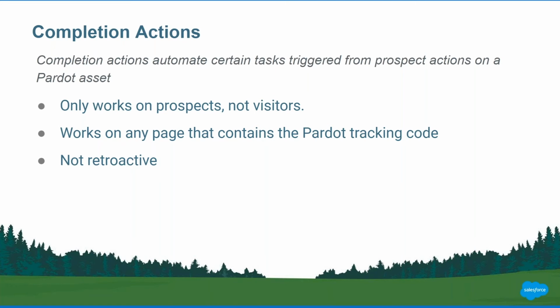So you have a visitor ID, and once you're converted to the prospect, that visitor record is just associated to your prospect record. But in this case, completion actions won't apply to visitors. That is because you don't have enough information to accommodate the actions or the results that completion actions can do. So it only works for prospects.